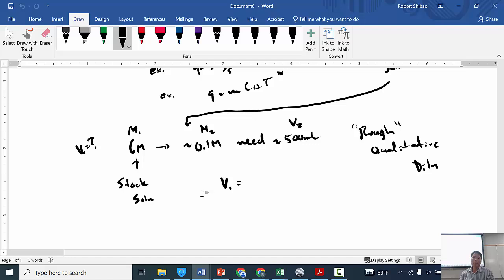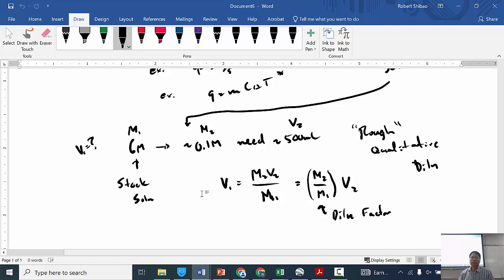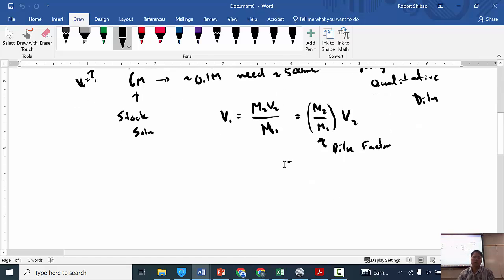So V1 is equal to M2 V2 over M1. Sorry, M1. And so we'll just write V2 times M2 over M1. I'm going to write this in parentheses, although parentheses are not necessary here, because I want to highlight this. This is called the dilution factor when we do solution dilutions.